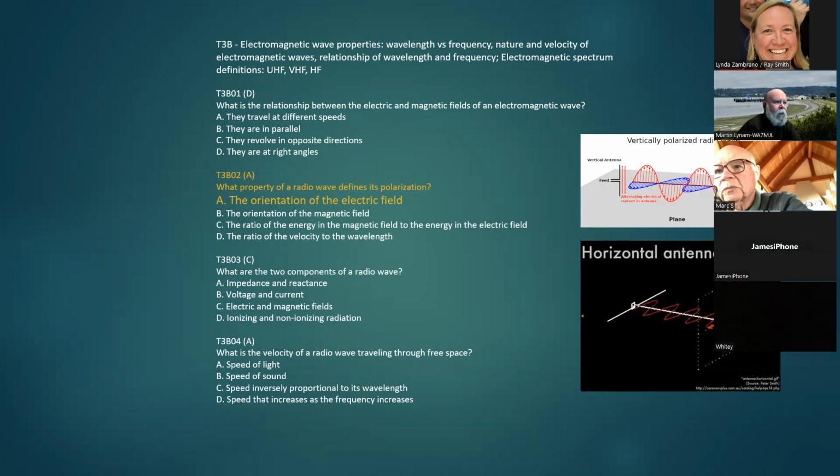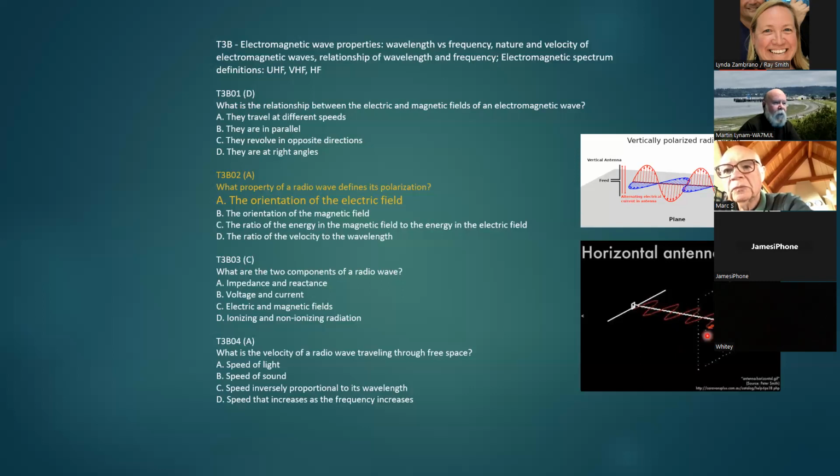The red color is the electric field of the EM wave. In the bottom graphic, you have a horizontally polarized antenna, and the electric field is the horizontal component of the EM wave.